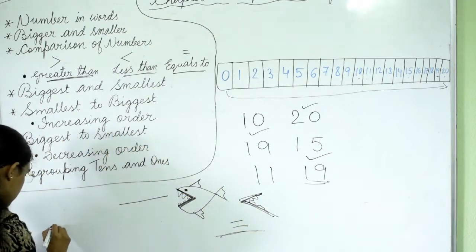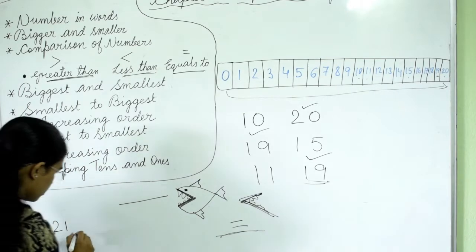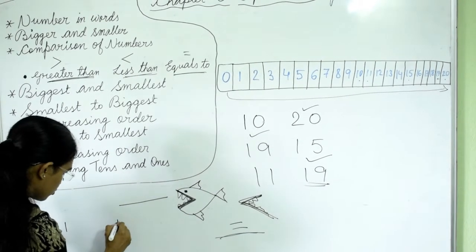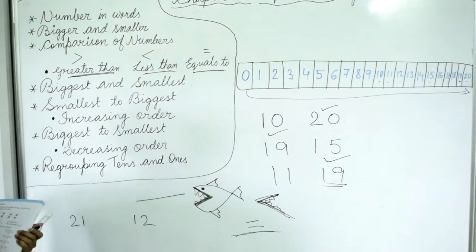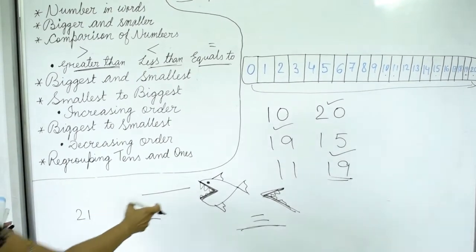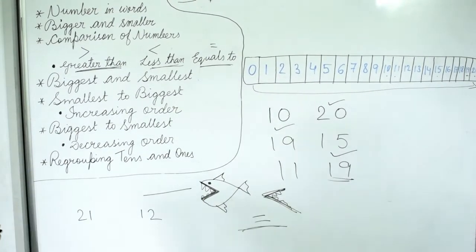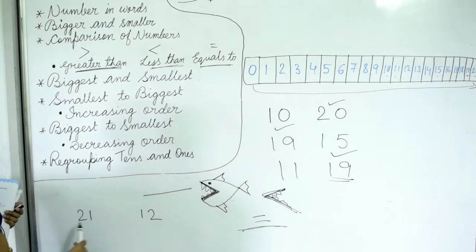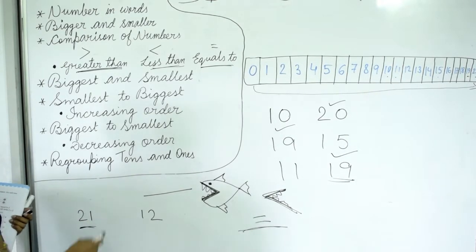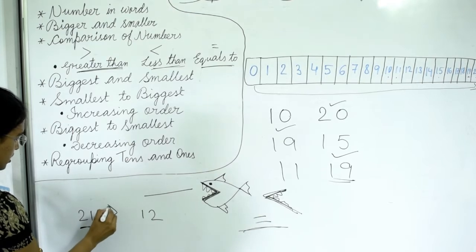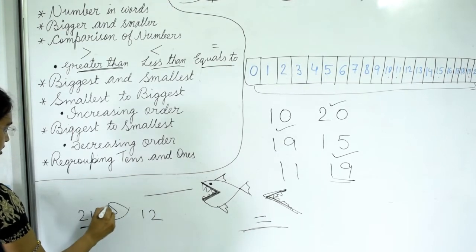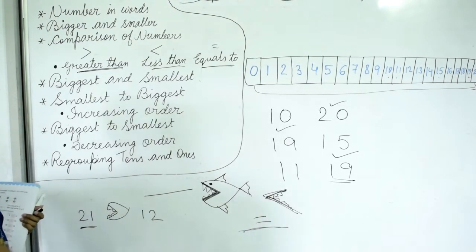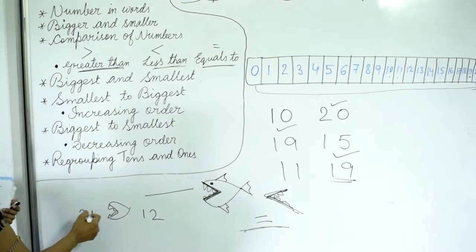Now for example, if the number is 21 on this side and 12 on this side, then on which side will this fish go? Which one is bigger, 21 or 12? Yes, 21, right? So the fish will go on this side like this, because he wants to eat the bigger number, so he will eat this.